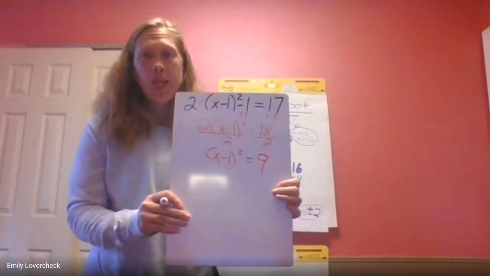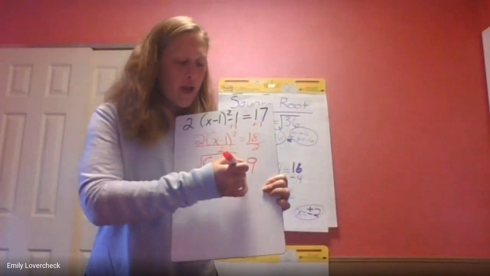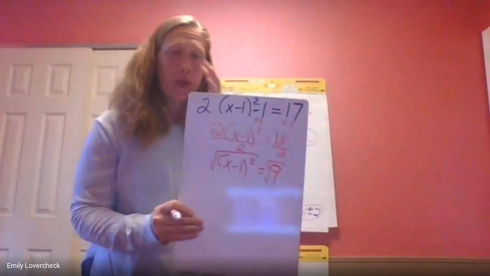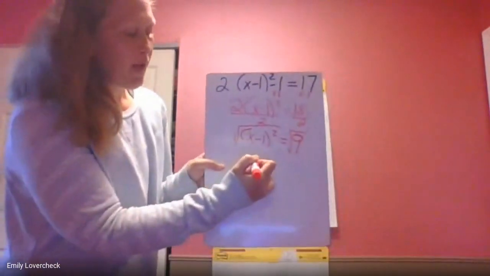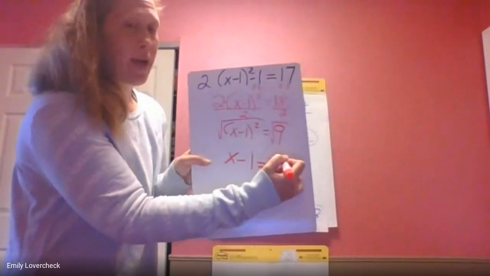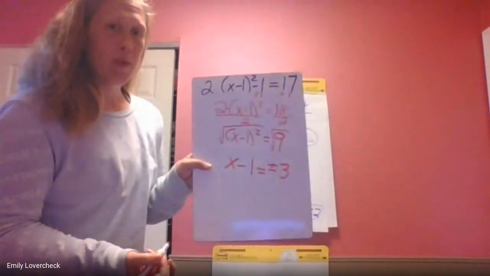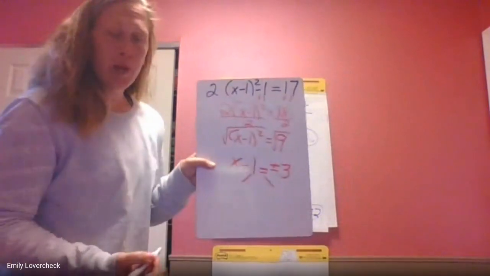Then from there, just like the last problem, the whole binomial is squared. So the opposite of squaring the whole thing is square rooting it. So I square root both sides. It cancels on the left side, so I'm left with x minus 1 equals plus or minus 3. Now I have plus or minus 3, so I separate into my 2 equations.